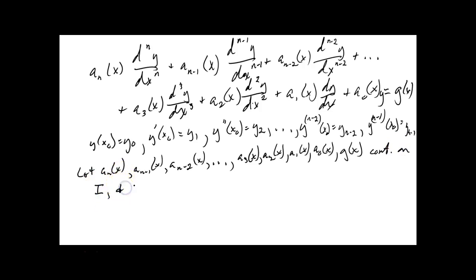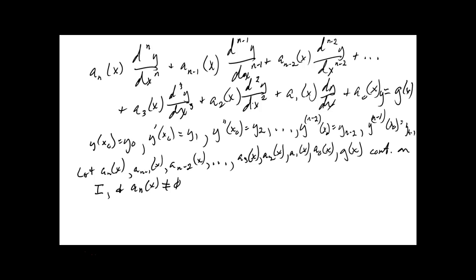And a sub n of x cannot equal 0. Now that sounds a lot like your situation for nth order polynomials, and for the very same reason. If this were 0, that would not be an nth order differential equation, because the first term would be 0. It would be an n minus 1 order. We're talking about an nth order linear differential equation, so this a sub n of x cannot be 0.